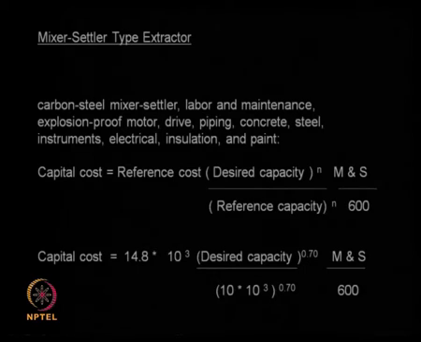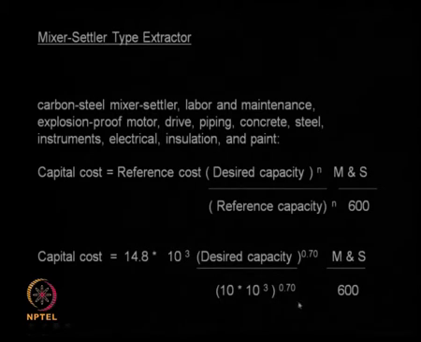So in a mixer settler you have to consider labor, maintenance, and an explosion proof motor, because if you are talking about solvents which are highly vaporizing, you need to consider the motor. Then there is a drive, piping, concrete, steel, instruments, electrical, insulation, painting. All these factors need to be included when you are making your capital cost. Again in a mixer settler we can have a reference cost, reference capacity, desired capacity, and the exponent formula which I talked about, and again the Marshall and Swift index comes into the picture.